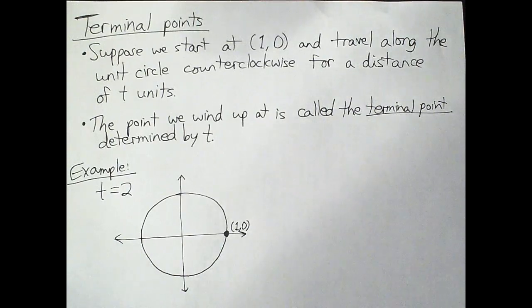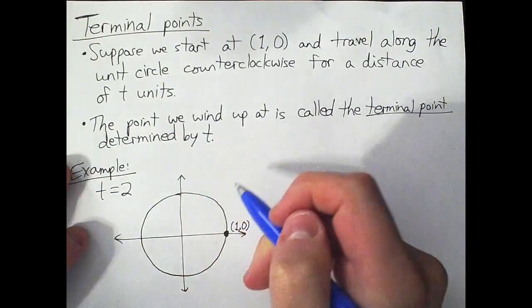And why do we go counterclockwise instead of clockwise? It's just because it was designed this way. It's the agreed upon direction for the definitions that we're going to have coming up. There's nothing particularly special about clockwise or counterclockwise.